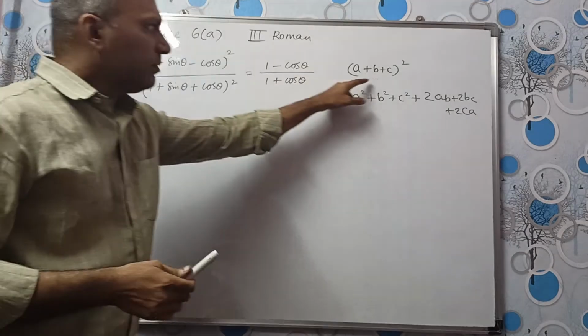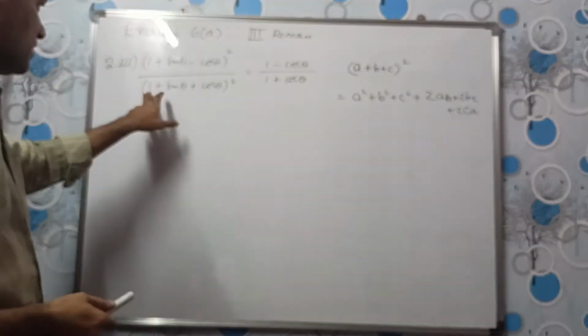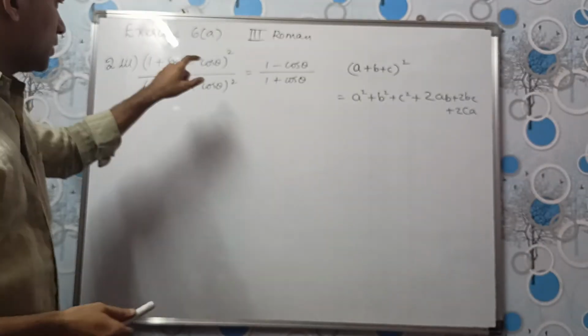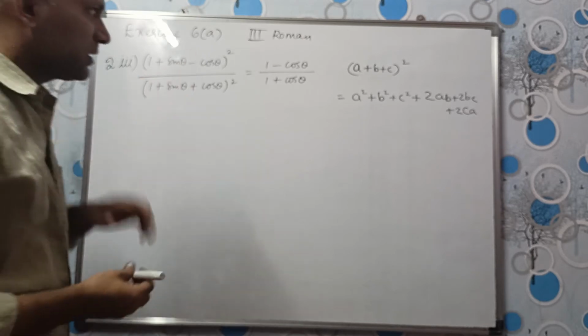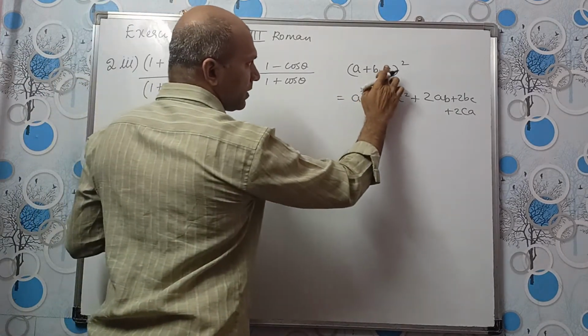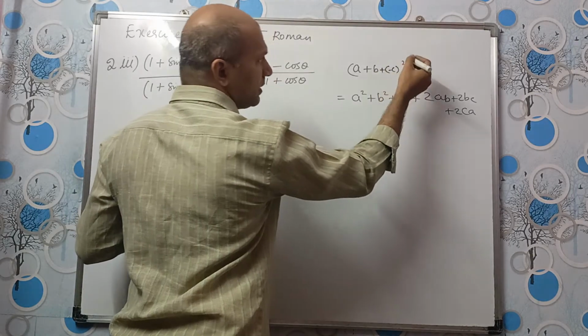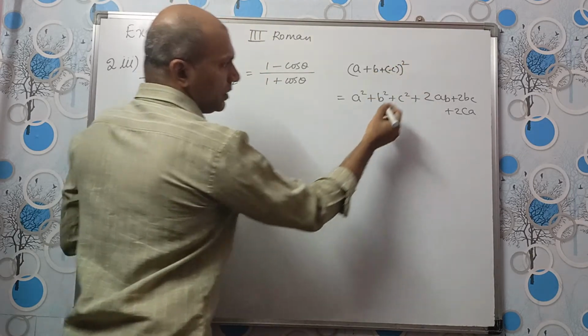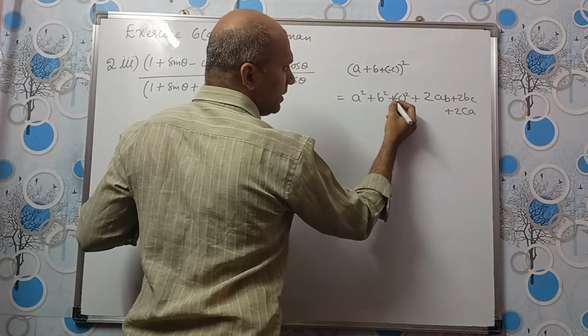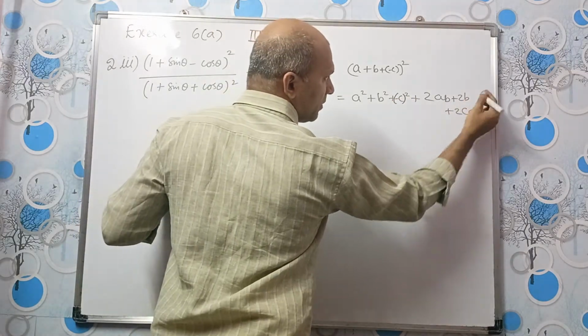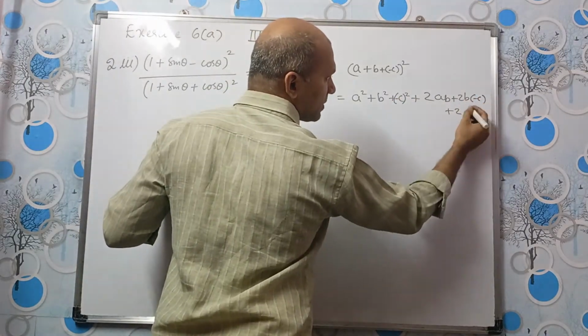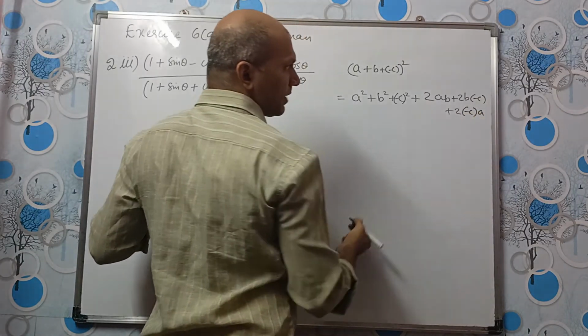Alright, we can apply (a plus b plus c) whole square here because we have plus and plus here. What about this one? We have 1 plus sin minus cos. No issue. In place of c, we'll write minus c, whole square. So in place of c, we'll write minus c, and in place of ca, we'll write minus ca.